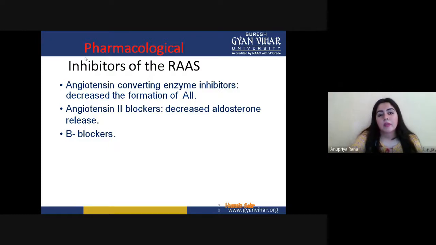Some reverse negative feedback mechanisms can do their inhibition process very efficiently, and some beta blockers also have this tendency that they can inhibit this RAS process inside the body.